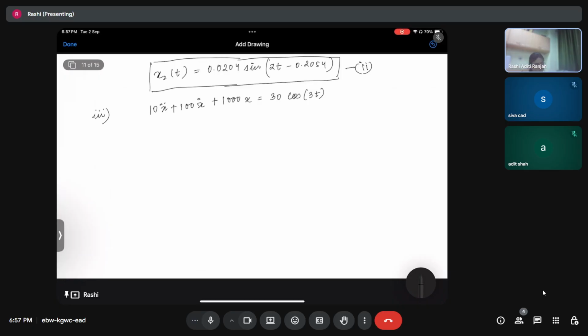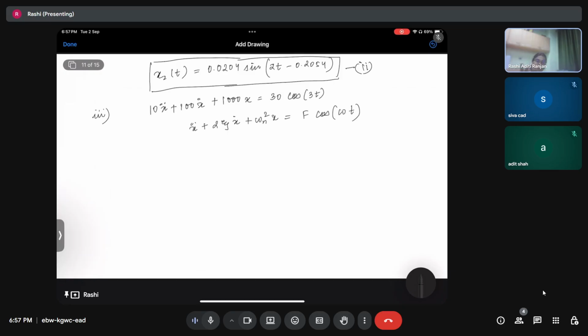Now this can be written as x double dot plus 2 eta omega n x dot plus omega n square x is equal to f cos of omega t.